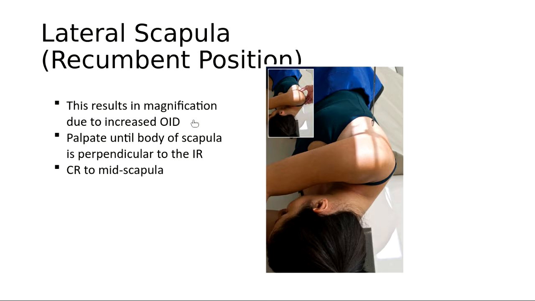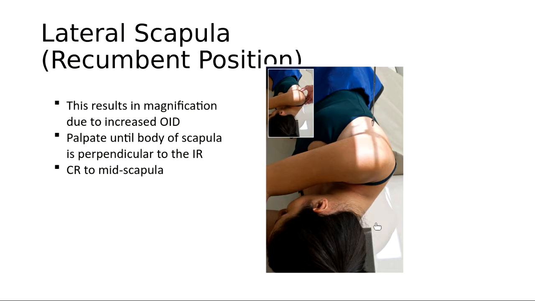What you would do is roll the patient's affected shoulder or scapula up, elevate that side, and then palpate the body of the scapula. So you're going to try and grab the medial and lateral borders of the scapula and make sure that you roll the patient up until the body of the scapula is actually perpendicular to the IR.